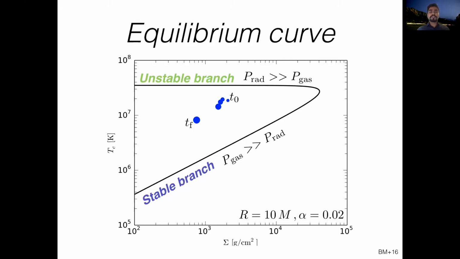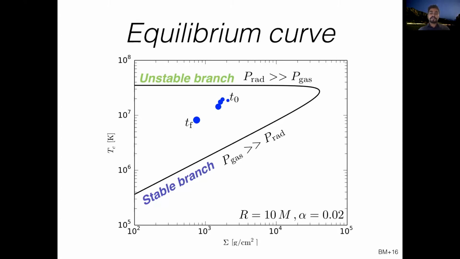The horizontal branch here is the innermost region of the Shakura-Sunyaev disk, and this stable branch is the outer region, region B in this case, which I was talking about. This is at a fixed radius and for a fixed value of alpha, and the horizontal axis shows the surface density.